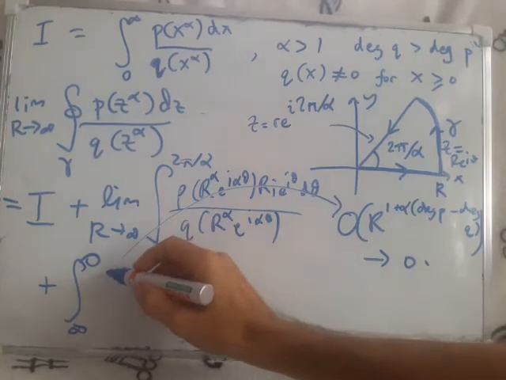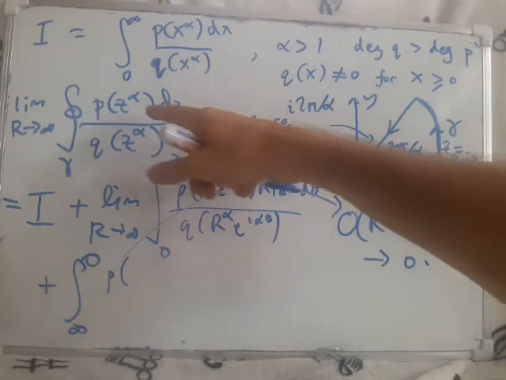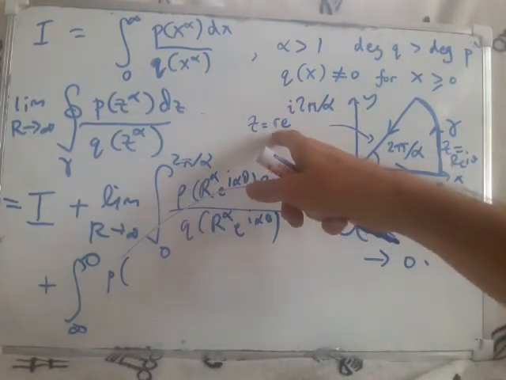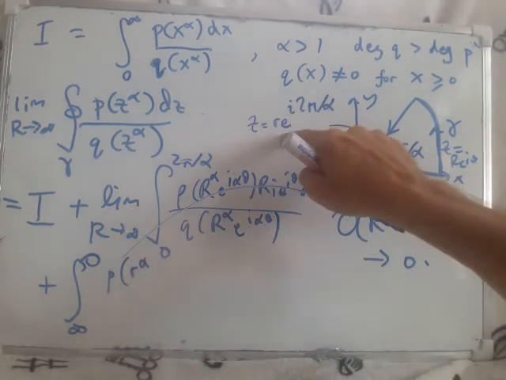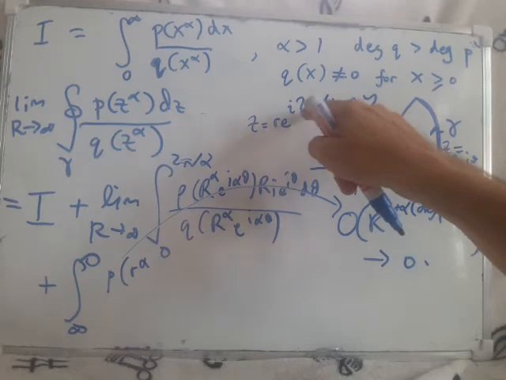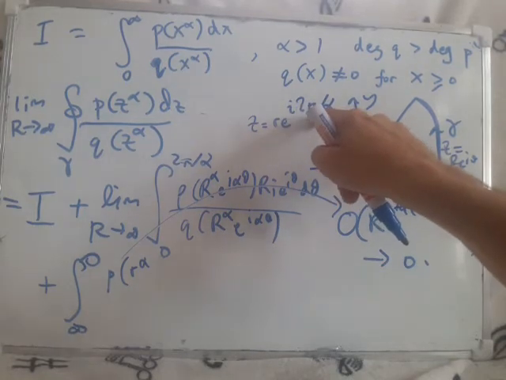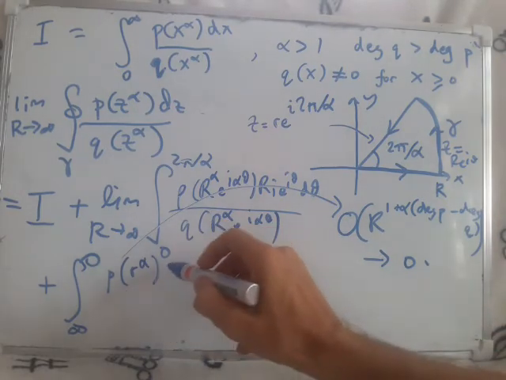And this is the clever bit. So you see p, when we substitute z to the alpha, what do we get? So we get r to the alpha. But you see e to the I 2 pi over alpha raised to the power alpha, that just cancels that alpha, and we get e to the I 2 pi, which is 1. So we just get p of r to the alpha.